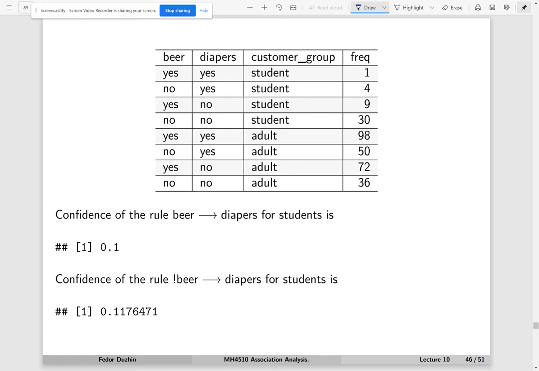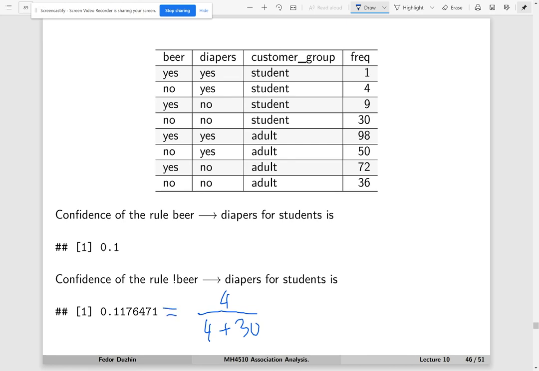Now the confidence of the rule no beer implies diapers for students. How many transactions are there where they bought no beer but diapers? 4. How many transactions are there where they bought no beer, and either bought or did not buy diapers? 4 plus 30.